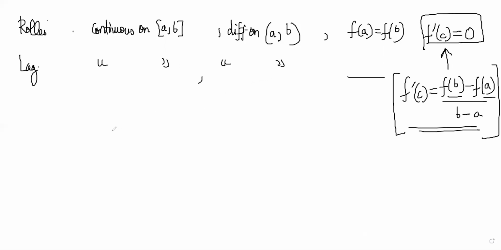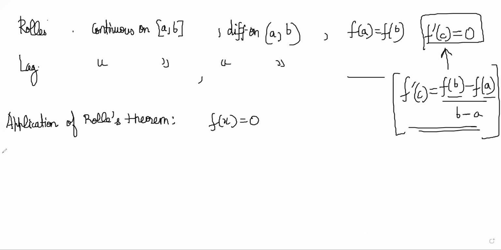So one common application of Rolle's theorem is in finding the real roots of a function. Application of Rolle's theorem: finding the real roots of an equation f of x is equal to 0.